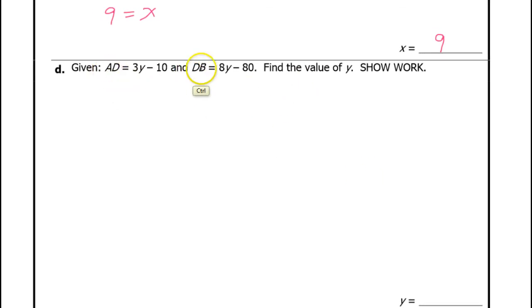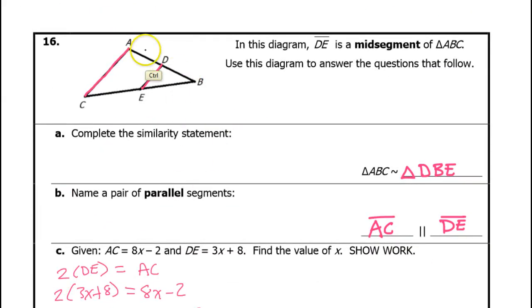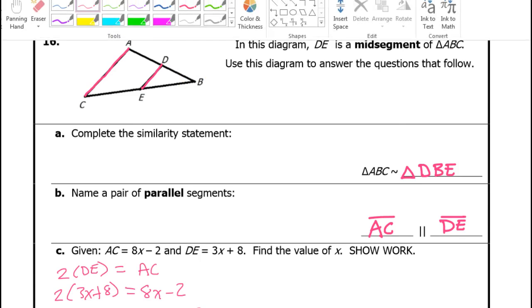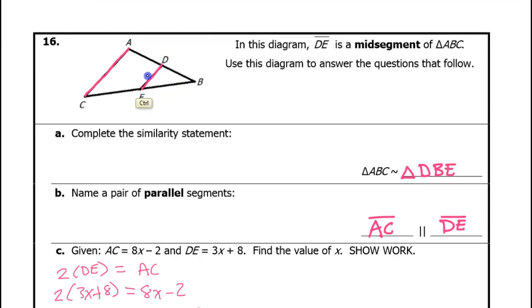Okay, AD and DB. Gotta look back at my diagram. Well, if DE is a mid-segment, that means that point D and point E are both midpoints.